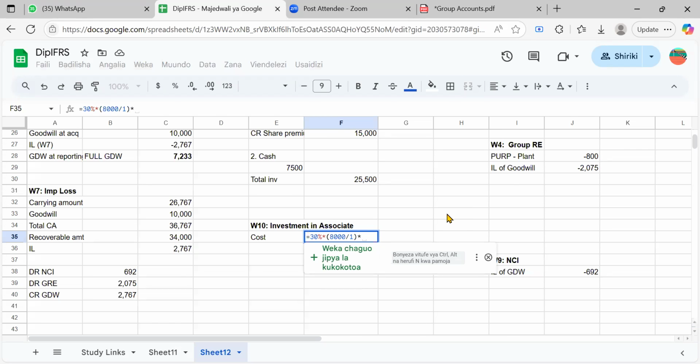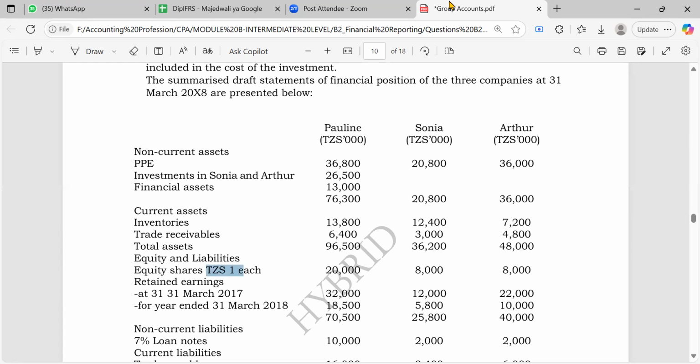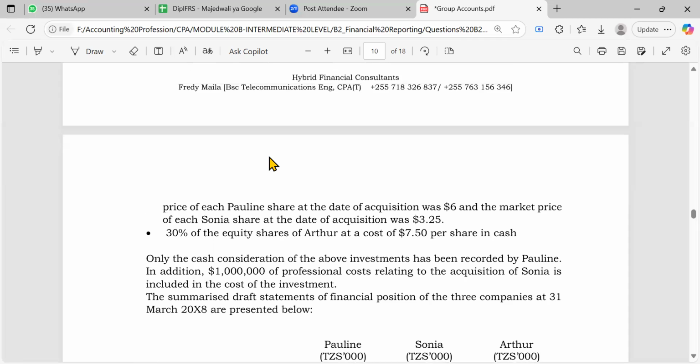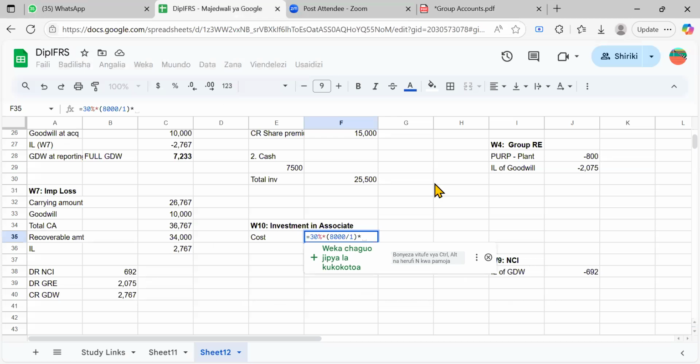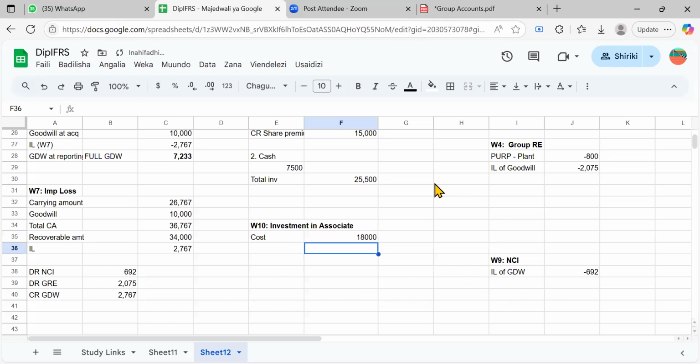Those are the shares acquired. But we are told 30% of the equity shares of Other were bought at a cost of 7.5 per share. So each share was bought at 7.5. If you multiply there, you'd get 18,000.